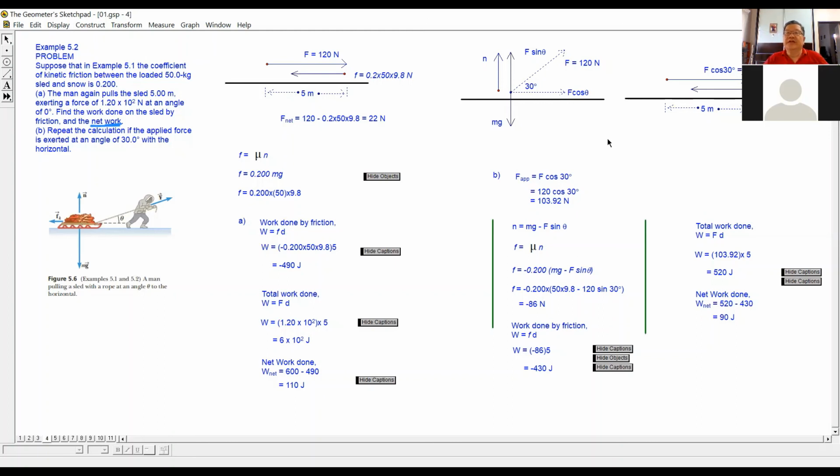So these are the two significant points, and we have to calculate accordingly. The normal reaction you will calculate taking into consideration the vertical component of the applied force. The work done, you have to take into consideration just a component of the applied force, not the full force.